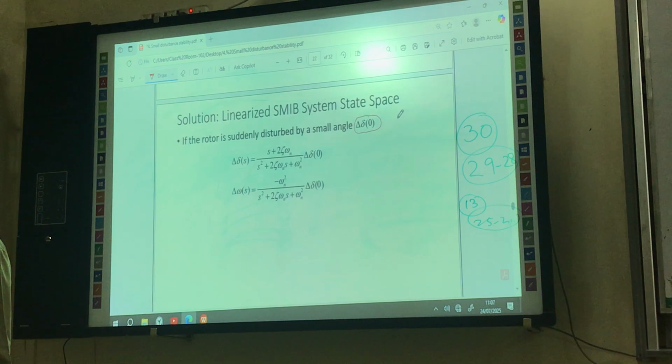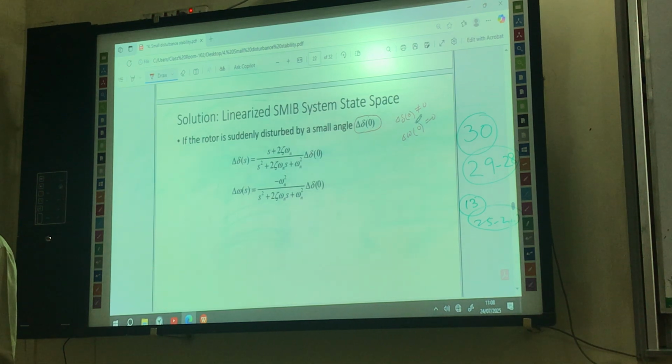We will assume that our del delta of 0 is not 0, but we can take our del omega of 0 as 0, because this change is very small, and the change in the angular speed can be assumed as 0. Because this is related to this, if this is non-zero, this should be non-zero. But as the change is very small, we are assuming that del omega of 0 is 0.